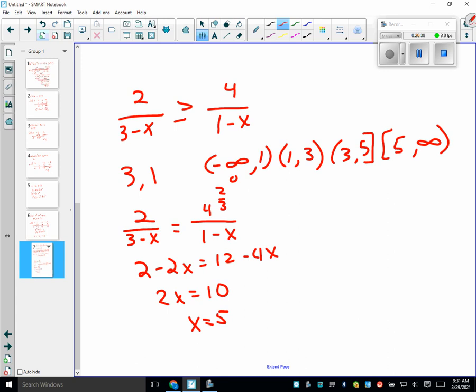So for the first one, can I use 0, which gives me 2/3 and 4? Doesn't work. Now I use a 2. That does work. 2 and negative 2. Yep. Then I use a 4. Negative 2 I think is greater than negative 4/3. It does.